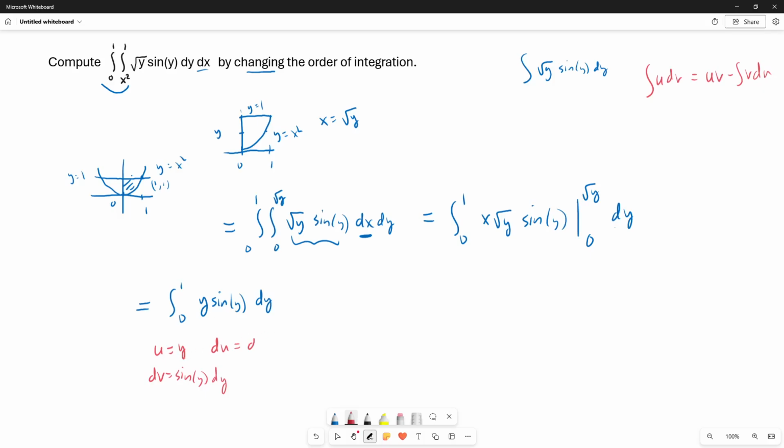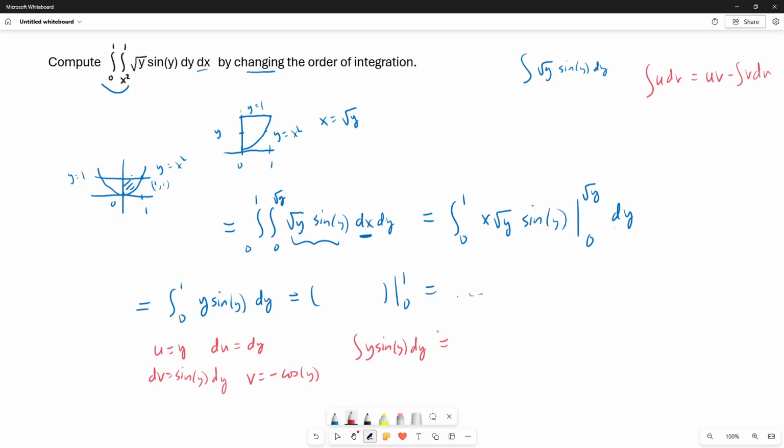Du is 1 dy, or just dy. We compute v by anti-differentiating the sine, giving us negative cosine of y. So now we want to integrate y sine y, and I'll do that without the bounds first to get an antiderivative, and then we'll put that antiderivative here and use the bounds and get our numerical answer.